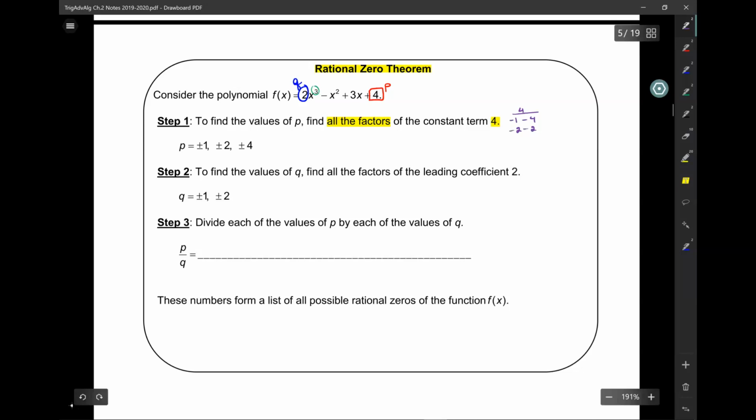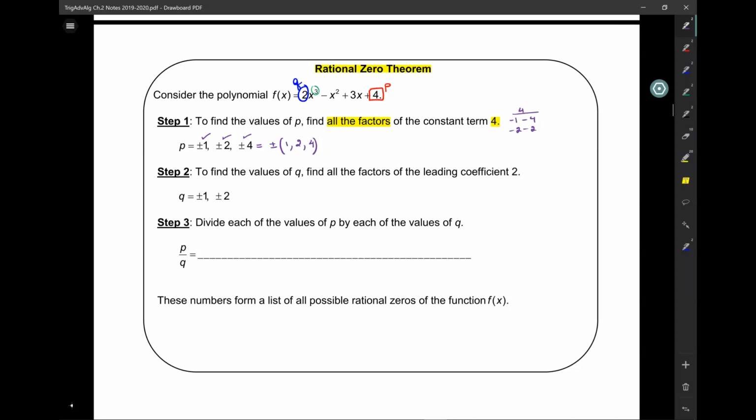So the factors are plus or minus 1, plus or minus 2, plus or minus 4. In short, I'm going to let you abbreviate and do plus or minus 1, 2, 4.